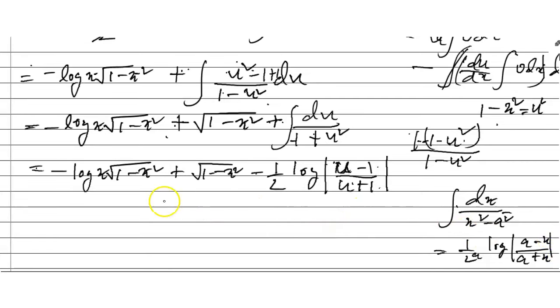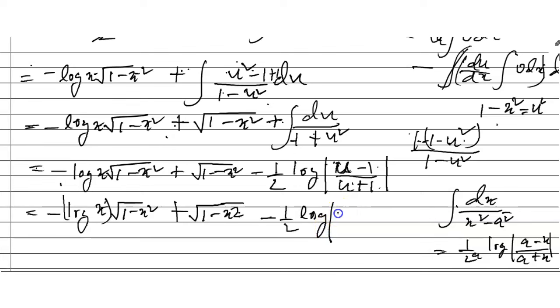So this formula I use here. Now, friends, putting the value of u: log x root over 1 minus x square plus root over 1 minus x square minus half into log of root over 1 plus x square minus 1 divided by root over 1 plus x square plus 1.